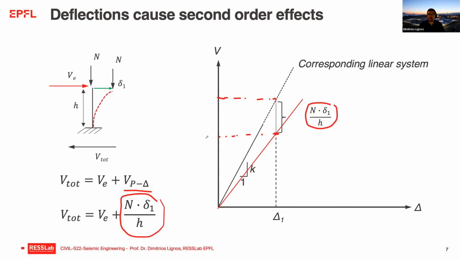So there are good reasons why we would like to keep deflections within a reasonable range when it comes to frame structures, because we would like to limit the influence of this second order effect that essentially relates to the reduction of the capacity on one side and the increase of the demand on the other side, as we saw in the previous slide.